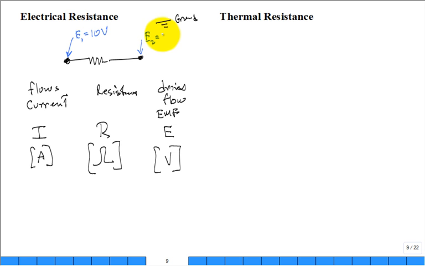E2 is 10 volts. What is the flow of current through this resistor? 0. Somebody says, not enough volts. Okay, make it 100 volts and 100 volts. It's still 0. You have to have a voltage difference, a voltage change between the two ends of the resistor.